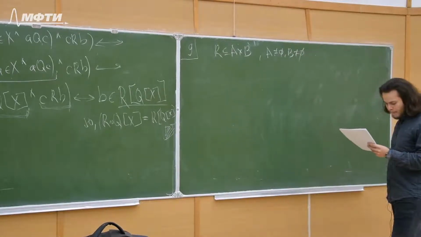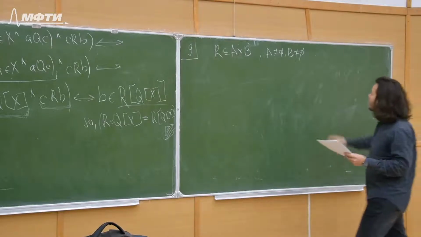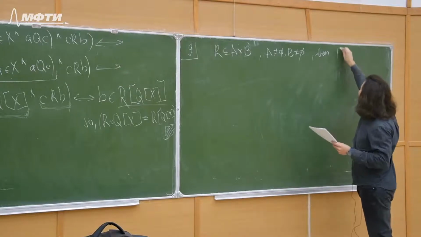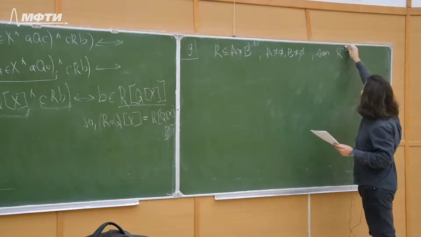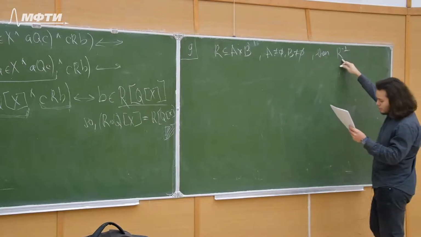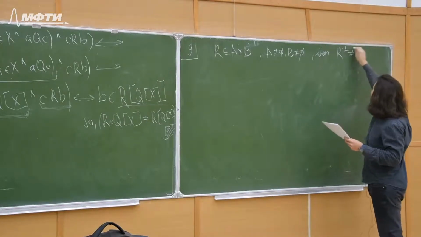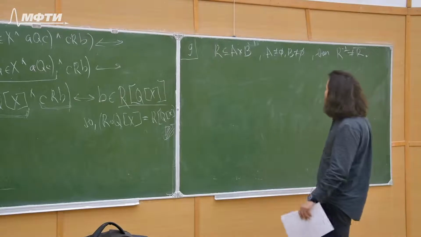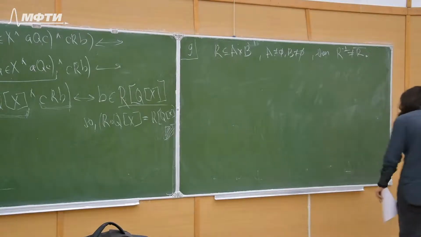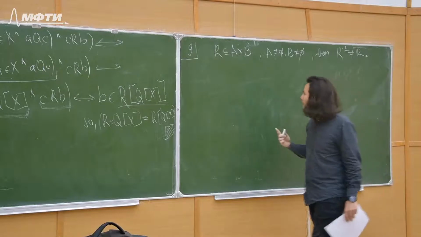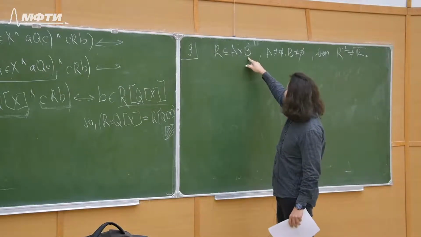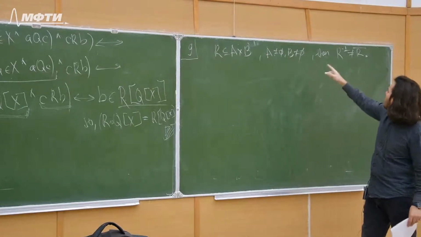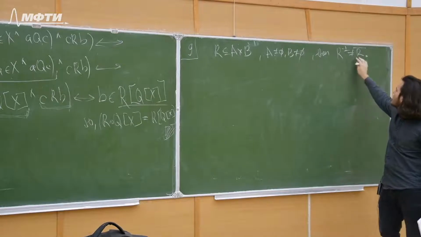And then the inverse of this relation is not equal to the complement of R. So again, we have some binary relation R between A and B, and all we know is that A and B are non-empty. And then we have to prove that these two sets are not equal.